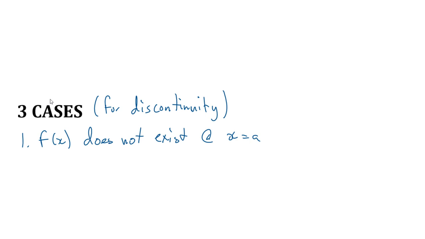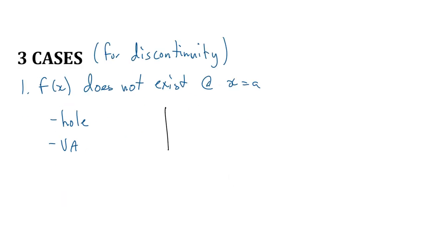Right? What would cause f of x to not exist at some point? What kinds of properties of functions would cause that? Very good. So a hole or vertical asymptote. Again, you could sketch these quickly.